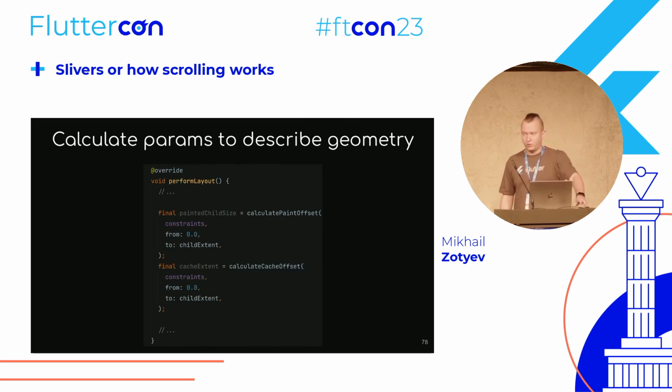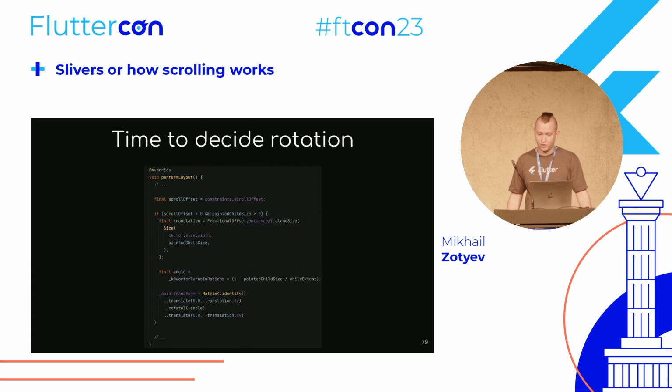And then we need a small calculation about the painting part and the cache offset part. We don't need to do it on our own. We can use the ready method that already exists. So now we have both of them, and we can decide should we rotate or not. We need to rotate when we are crossing the leading edge.